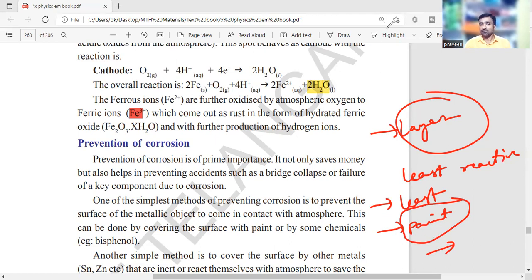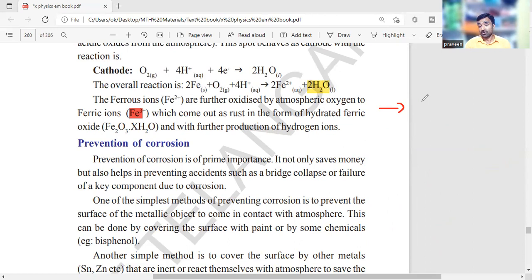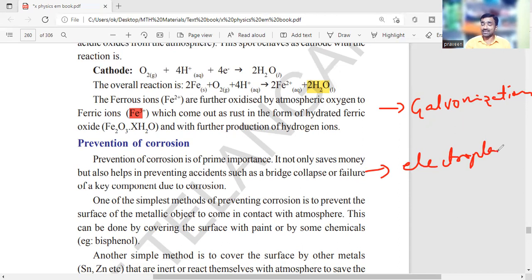In this, we have two chemical methods: galvanization and electroplating. Galvanization is a method of applying one metal as a layer on another metal, specially zinc.